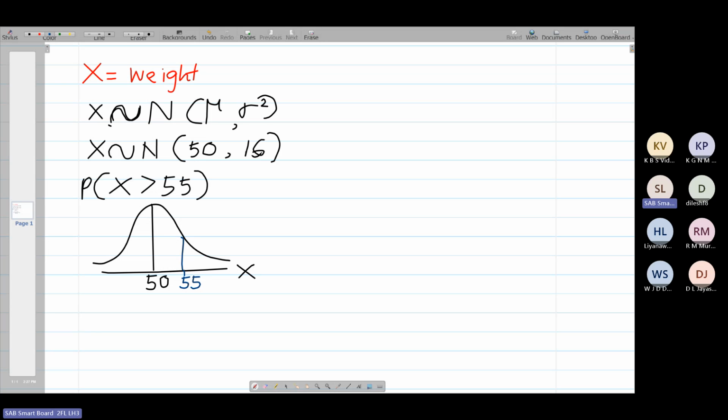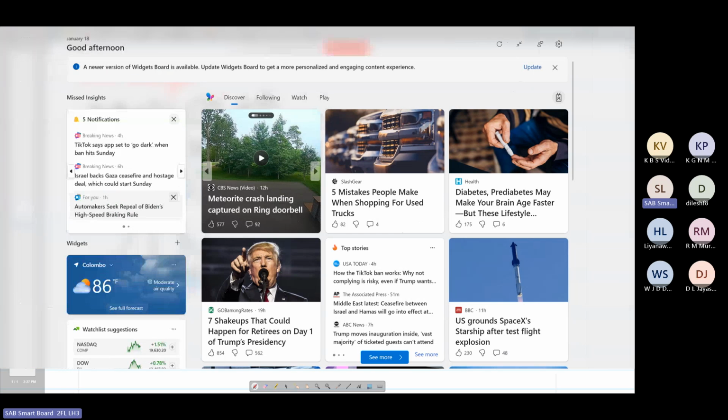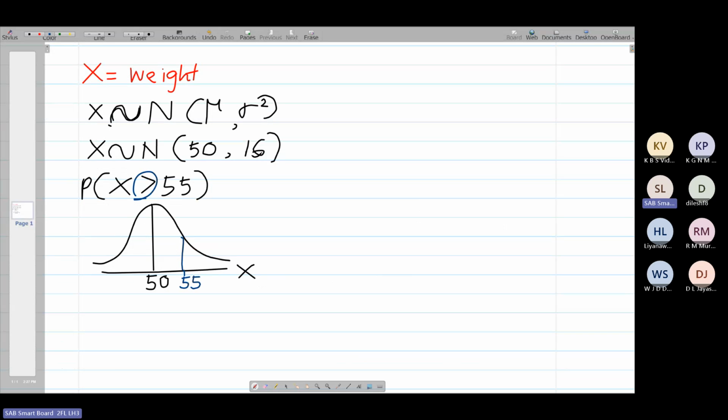Then this one is greater than 55. Then which area? Greater than 55 is which area? This side. Then we cut. Greater than 55.